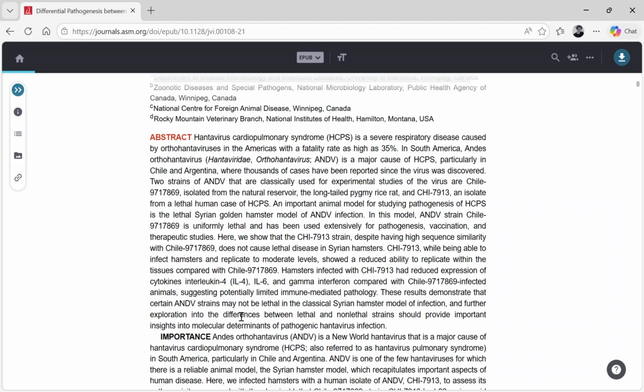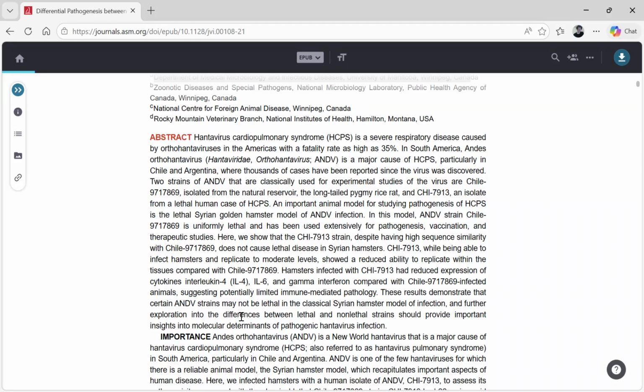Here we show that CHI-7913 strain, despite having high sequence similarities with Chile 9717869, does not cause lethal disease in Syrian hamsters. Now, it's important to mention here that Syrian hamsters are the animal disease model, to mimic what would happen in the human body.